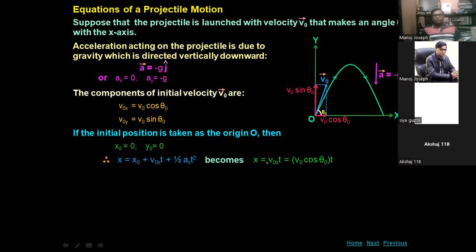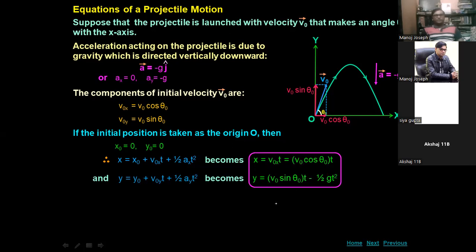So x is equal to v0x t, that is v0 cos theta into time, because the initial position is taken as 0 with respect to the origin. So we have calculated the x component and the y component of the motion.